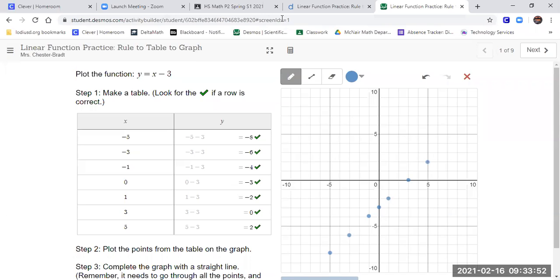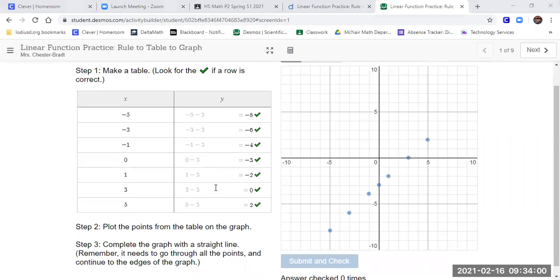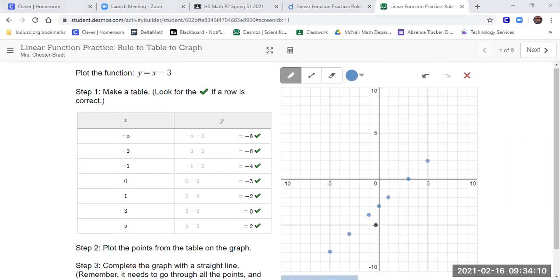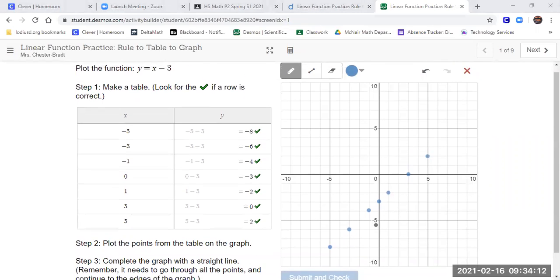Is there anybody that needs more time to finish putting the dots on there? So 1, 2, 3, 4, 5. Did I get them all? Yes, yes, yes, I did.